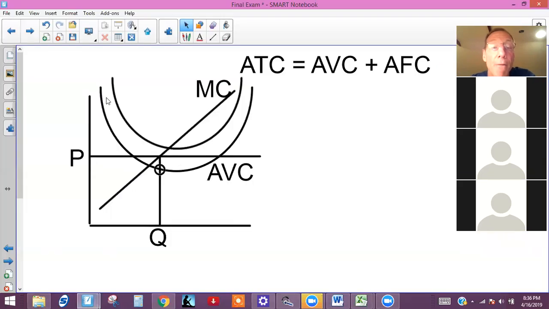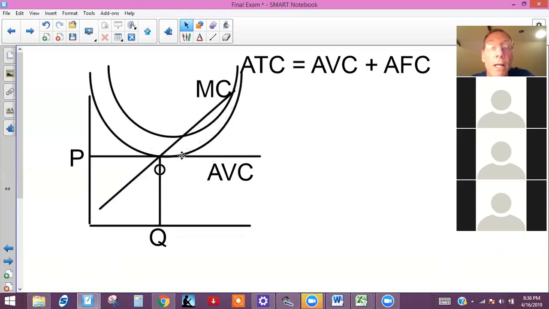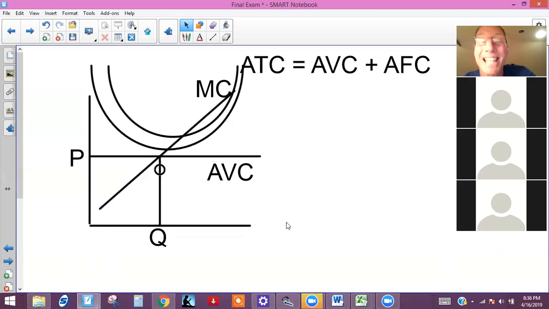So average variable cost either has to be somewhere down here or there. If average variable cost was above where price equals marginal cost, the firm would shut down because they couldn't even cover their average variable cost.